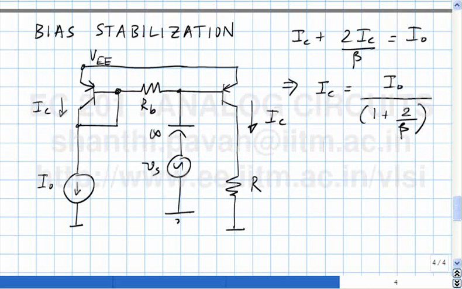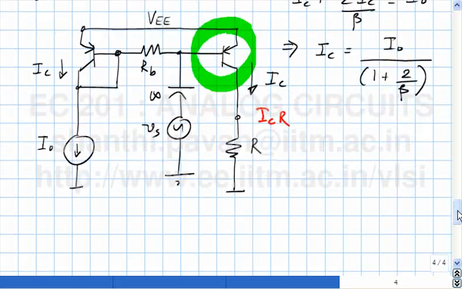So what is the quiescent potential at the collector of this transistor? It is IC times R. How large can I make R before this transistor gets into the saturation region? What happens to this potential as I go on increasing R? It will go on increasing.